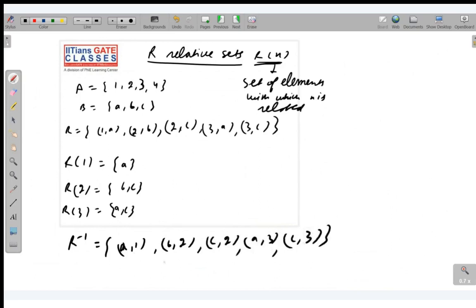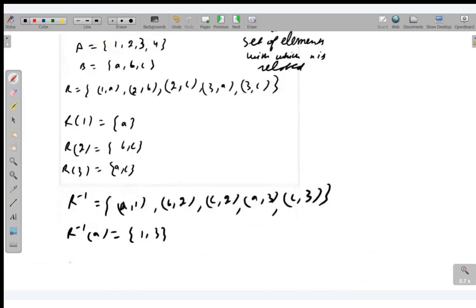Now they can ask you R inverse of A. You will simply find the set of elements with which A is related: 1, 3. R inverse of B: 2 only. R inverse of C: 2, 3.